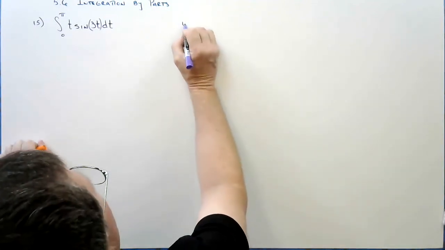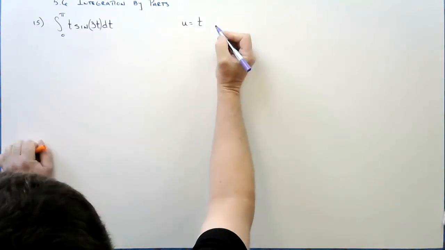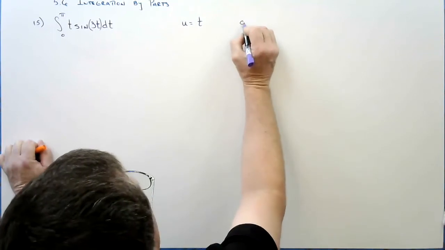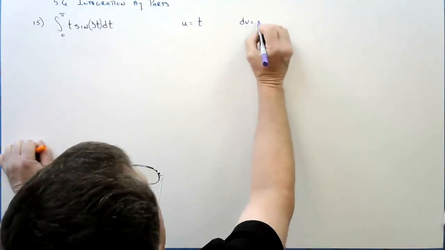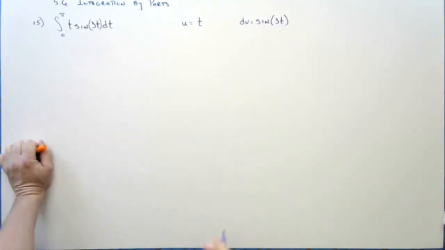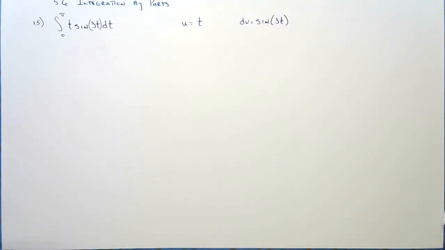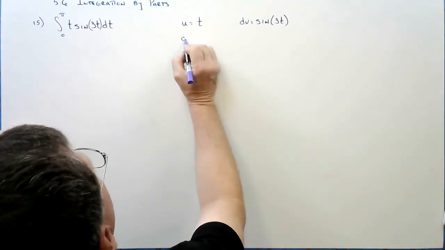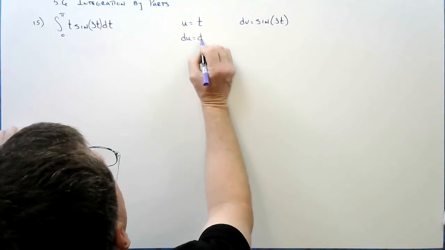Again, we're going to let u in this case equal just t. It's a power of t. dv is something we can integrate, and here we're going to have sine of 3t, which we've done an integral of that form many times. We know that's going to be a u sub. When we take the derivative here for du, we get dt.